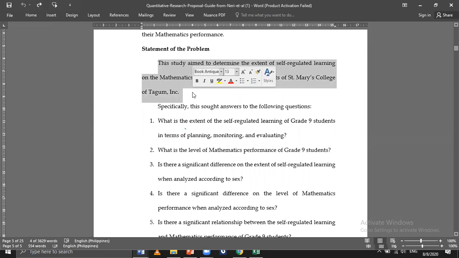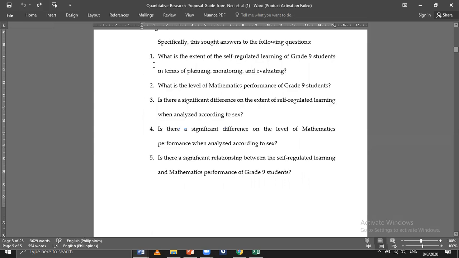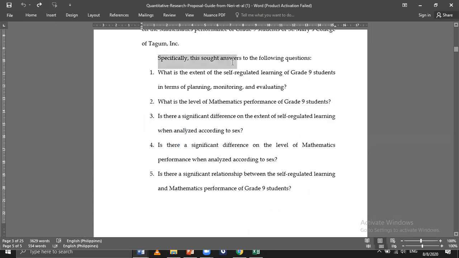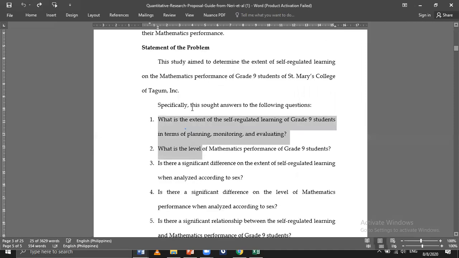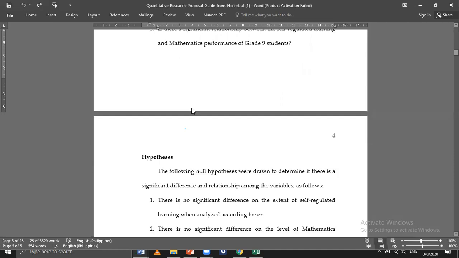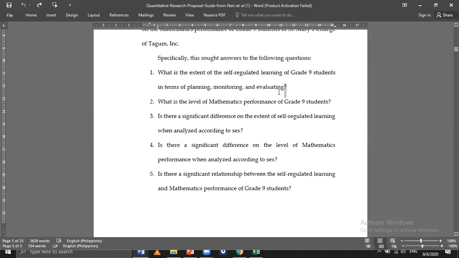Your introductory statement should be what you aim to do, or your objective. And then another tab, specifically this study sought answers to the following questions. Use numbers to identify those statements of the problem that you have. And of course, they should be in question form.